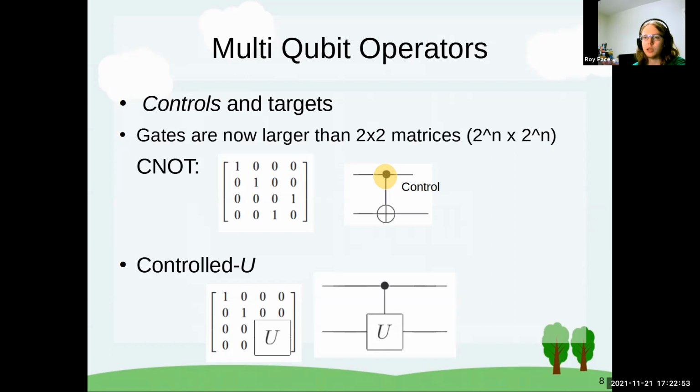You can apply that more generally with a controlled unitary gate, where the unitary will be applied only if the control is 1.